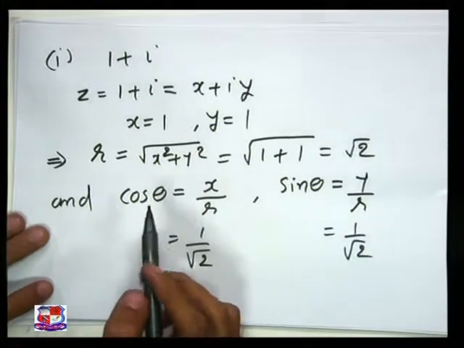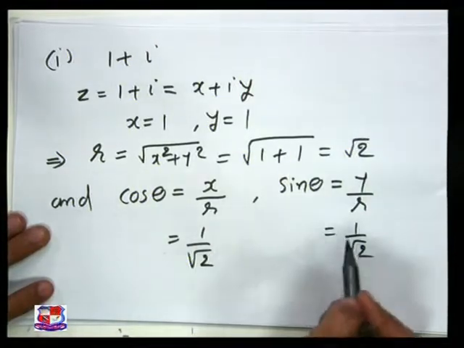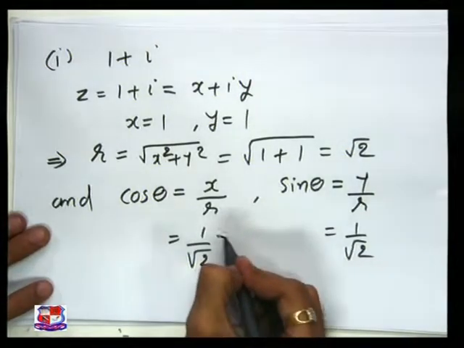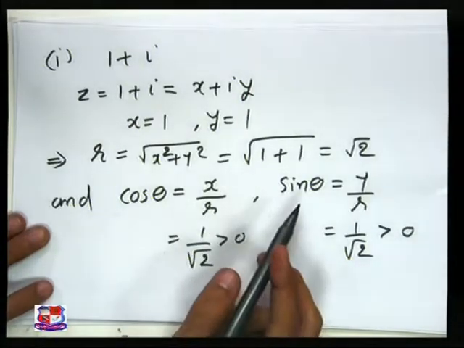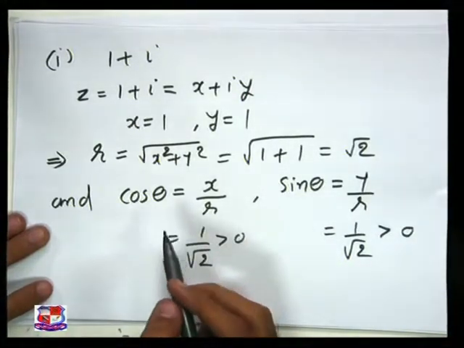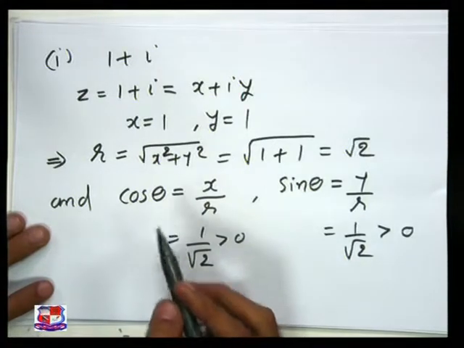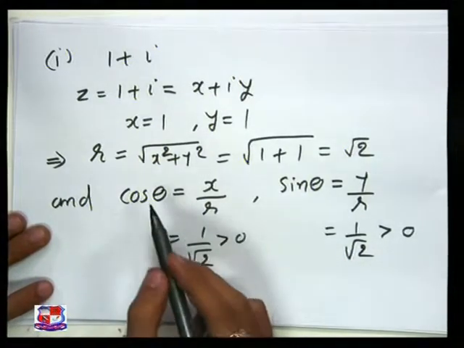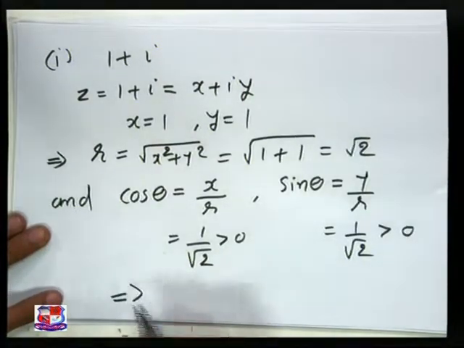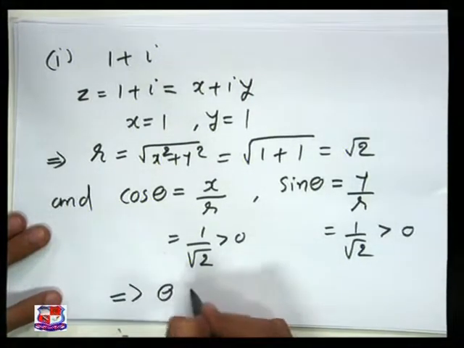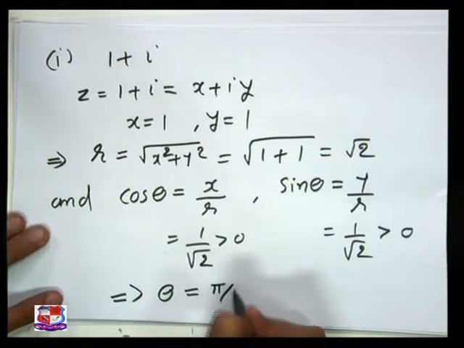First we will notice the signs of cos theta and sin theta, which are both greater than 0. That means cos theta and sin theta are both positive. So the value of theta must be in the first quadrant, and cos theta equal to 1 upon root 2 implies theta is equal to pi by 4.